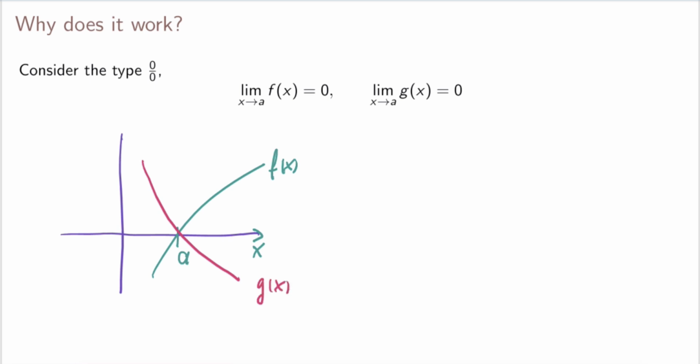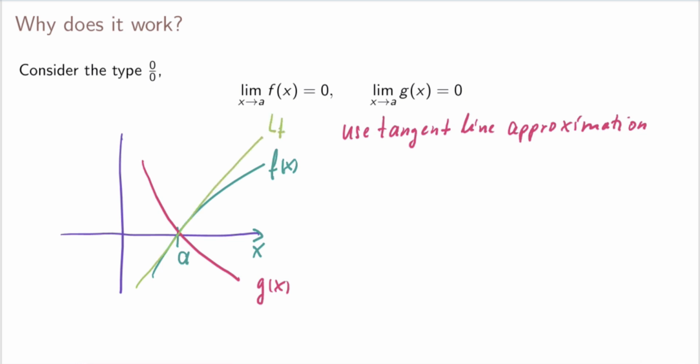What I now do is I go very close to a and express each of these functions by the tangent line. I use the tangent line approximation. Let's do this for f. I use the light green and I plot the tangent line at this point. So here, let's call this tangent line LF. And then I know that f at x is approximately equal f prime at the point a times x minus a.